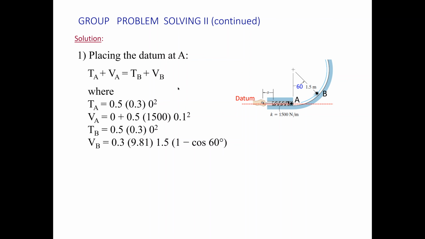Okay, so here's the conservation of energy equation. And we could do these terms individually. First, we have some initial kinetic energy associated with the ball. Well, initially it starts off at 0. And then we have some potential energy.